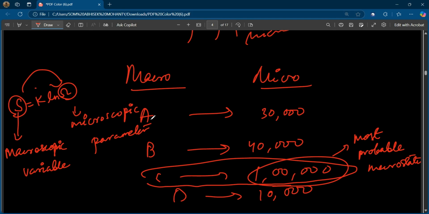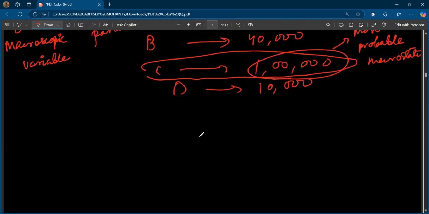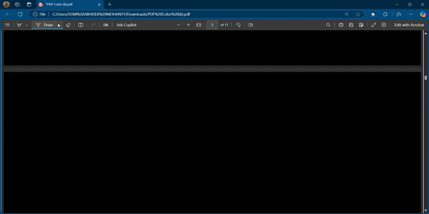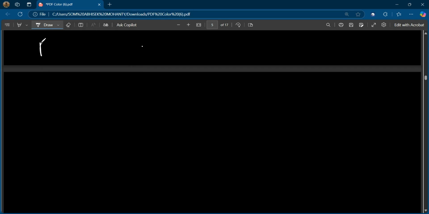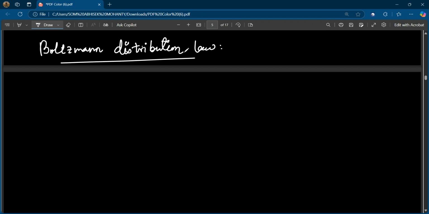Next question can be asked to you: what is the Boltzmann distribution law? So what does the Boltzmann distribution law tell about?